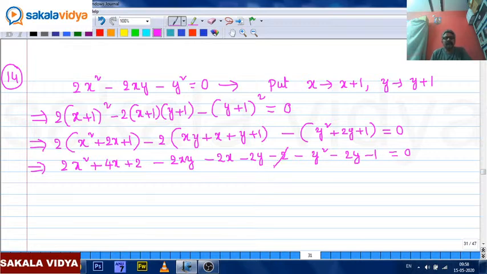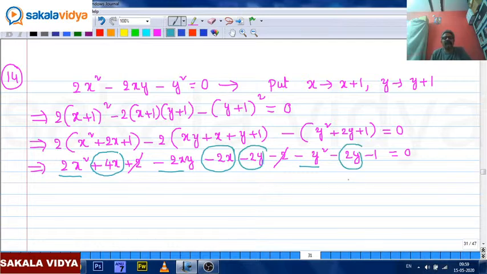So here minus 2 plus 2 cancel. Any cancellation now? Yes, no. Now we need to simplify now. See, this 2x square minus 2xy minus 2y square and plus 4x and minus 2x minus 2y and minus 2y.